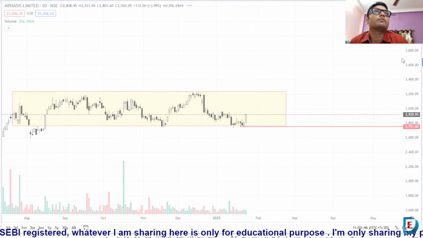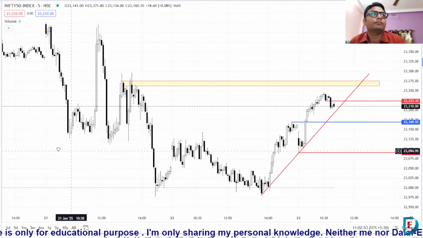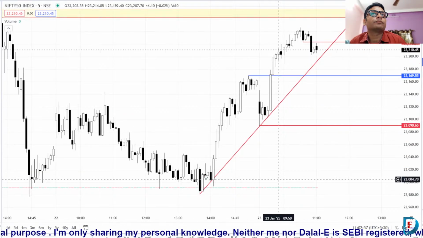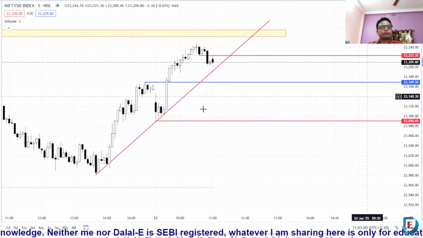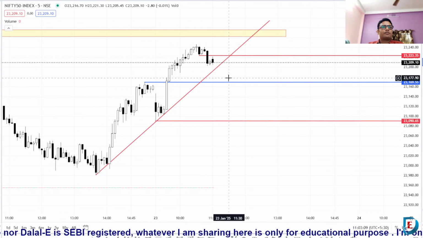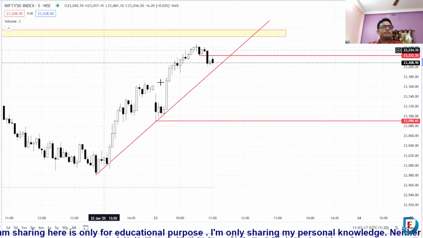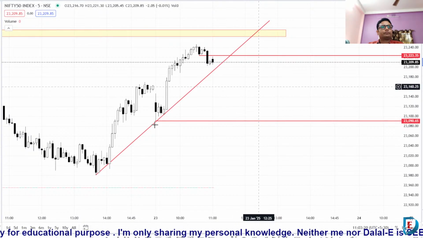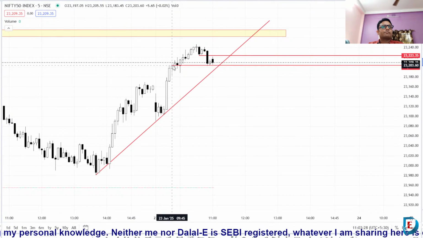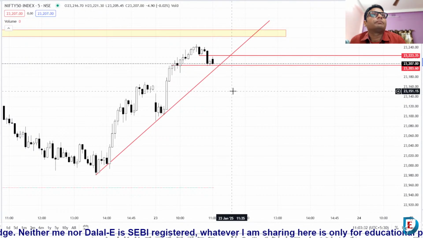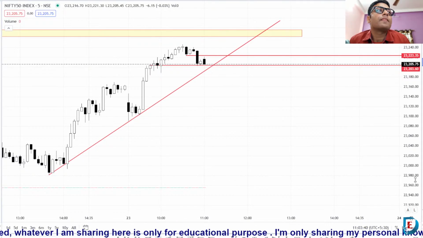Now let's check Nifty once again. This line is invalid right now. Price tried to maintain this level several times in this area.